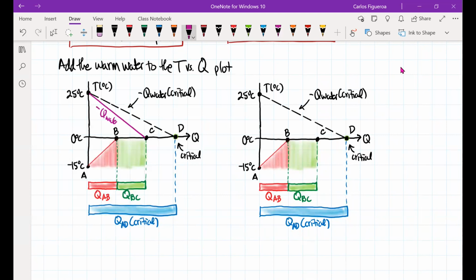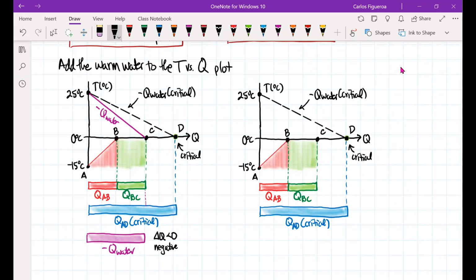If I look at this as the bar diagram, you could see that the bar diagram only gets to right here, and you could see Q of the water is not as large as AD. So in this situation, you're seeing between these two that delta Q is negative, right? This is negative.